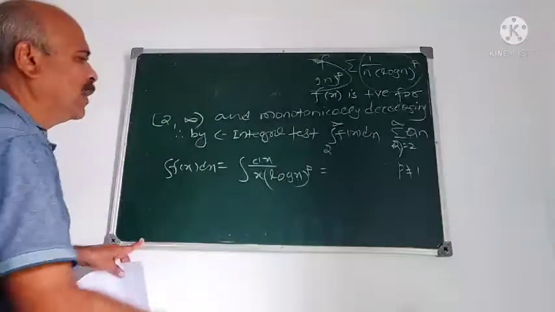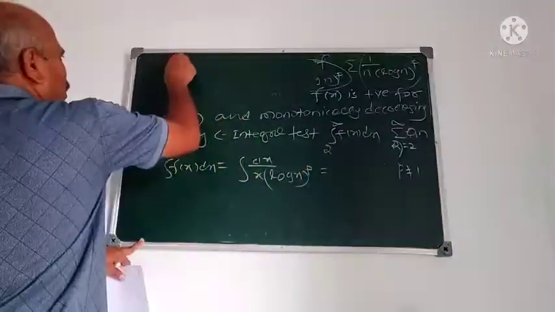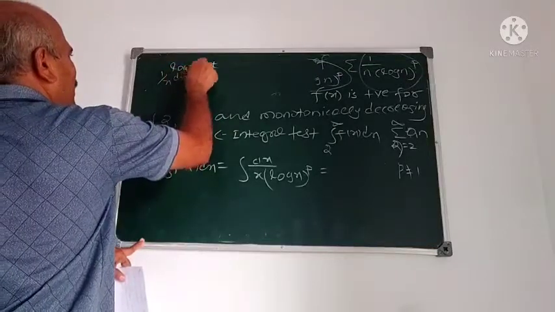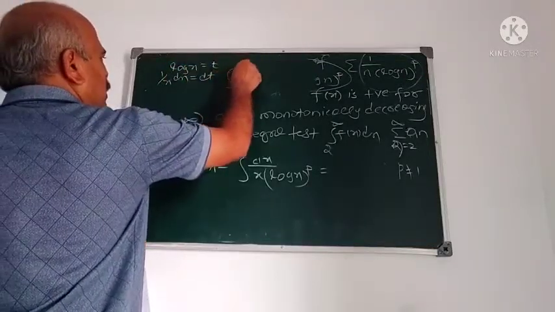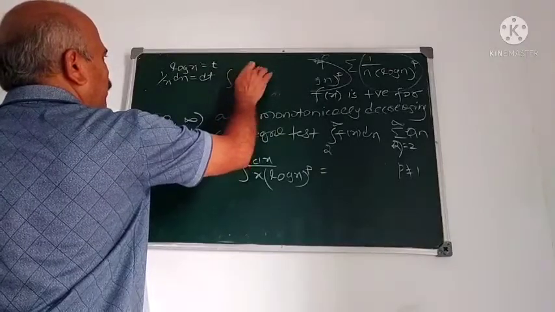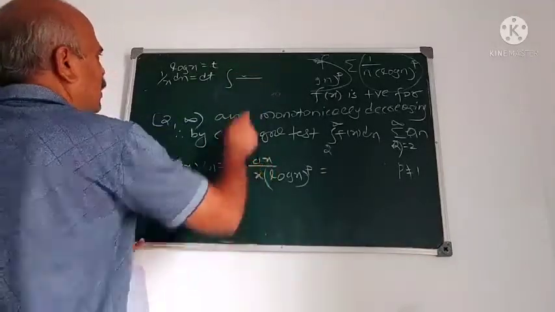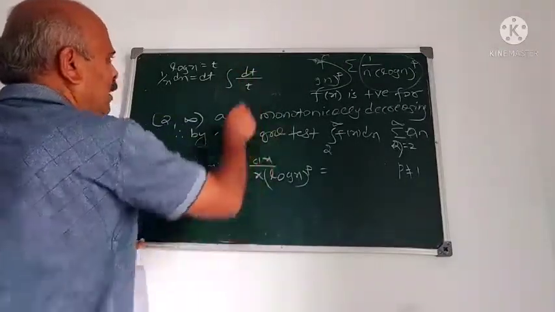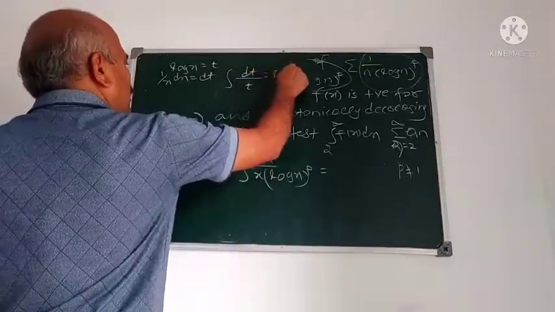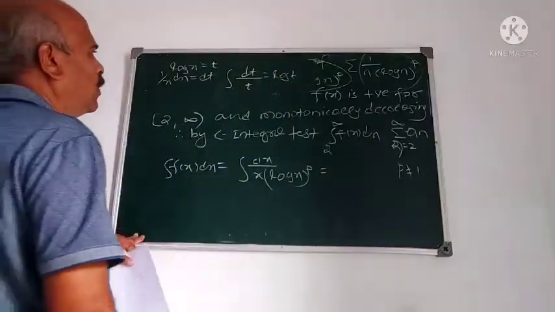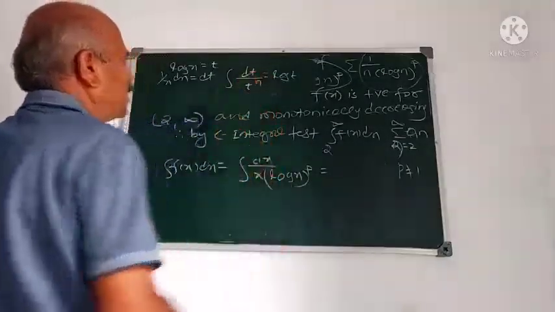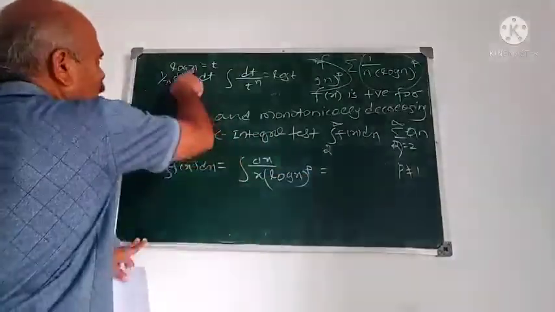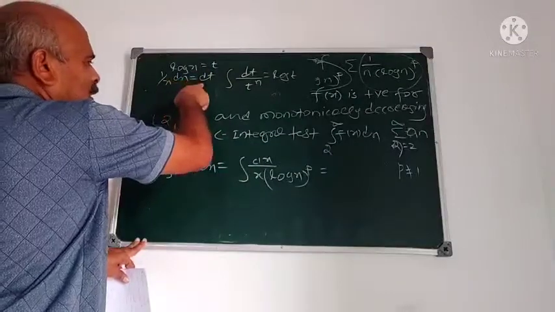Suppose p is not equal to 1, then we take log x equal to t here. Therefore 1 upon x dx becomes dt. So the integral becomes dt by t raised to p. Because p is not equal to 1, take log x as t, 1 upon x dx is dt.